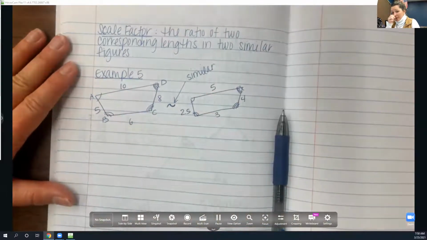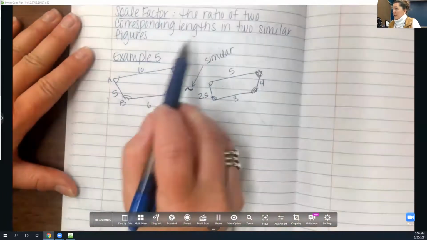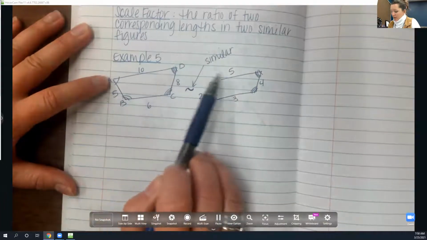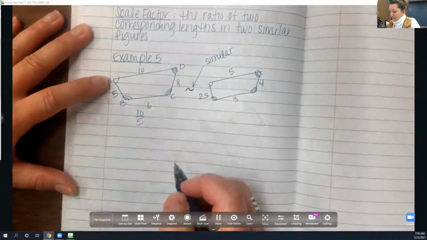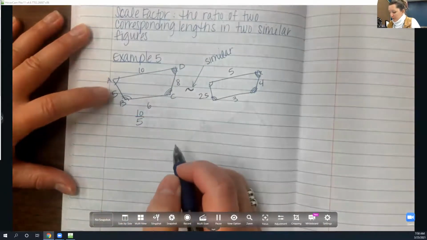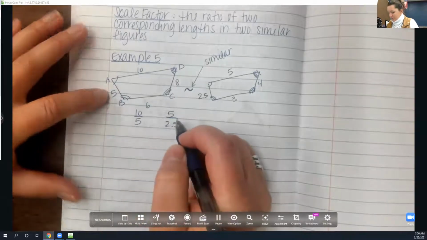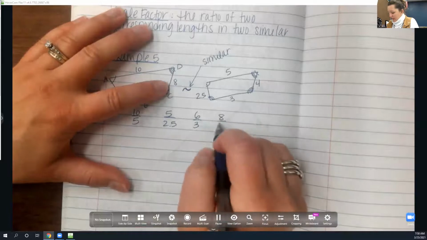So I want to find out what the scale factor is. It's the ratio of the two corresponding lengths, and remember, ratio is fraction. So here are my corresponding sides, 10 and 5, 10, 5. That's my ratio. Let's see if that's the same. 5, 2.5, 6, and 3, 8, and 4.